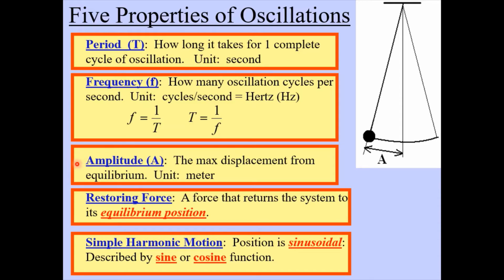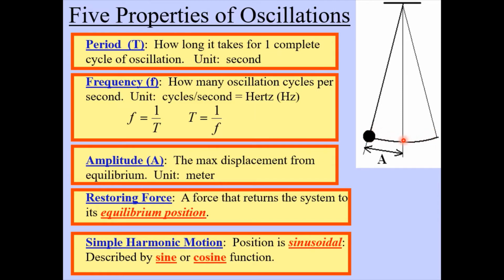The next property that all oscillations have is their amplitude. The amplitude of oscillation is the maximum displacement from equilibrium, and it's typically measured in meters. So what this means here is, let's go back to our pendulum, which is swinging back and forth.